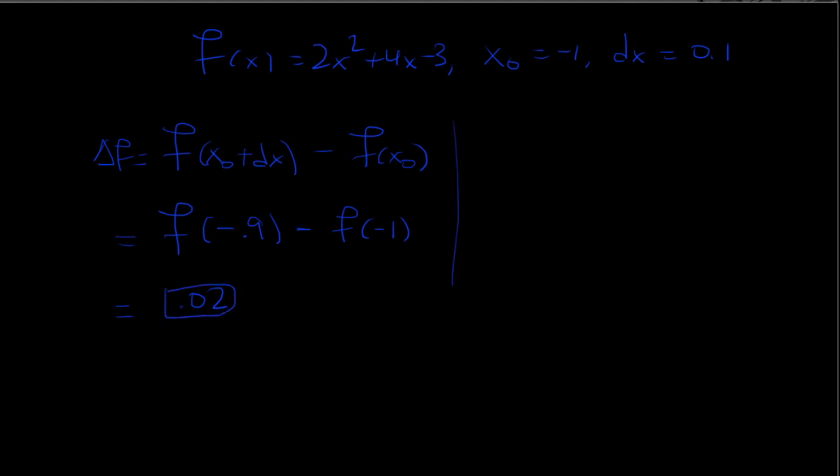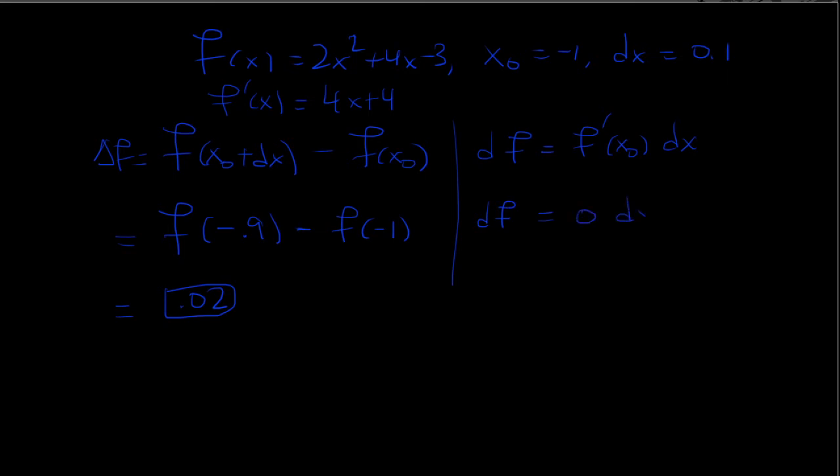Next, I want to look at the value of the estimate df, which is the derivative at x naught times dx. This one I need to find the derivative of f, so that would just be 4x plus 4. So I'm going to plug in x equals negative 1 into the derivative, and so I'm going to get 0.